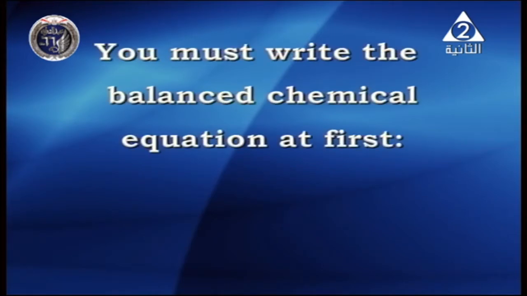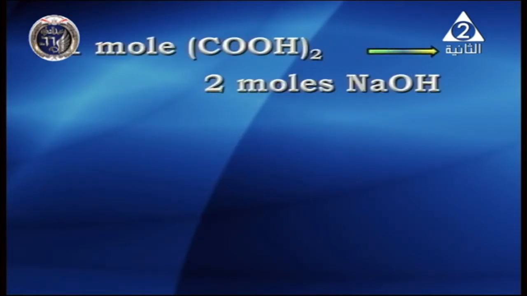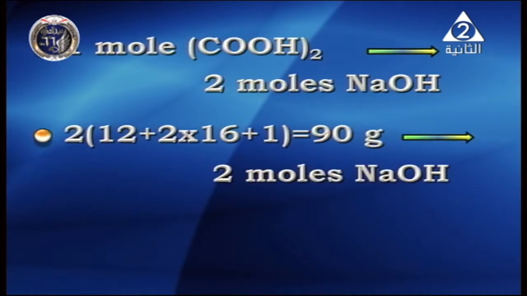You must write the balanced chemical equation at first. (COOH)2 plus 2 NaOH gives (COONa)2 plus 2 H2O. So 1 mole of oxalic acid reacts with 2 moles of sodium hydroxide. So 2 times 12 plus 2 times 16 plus 1 equals 90 gram reacts with 2 moles of sodium hydroxide.